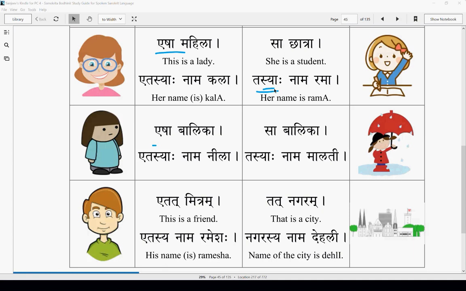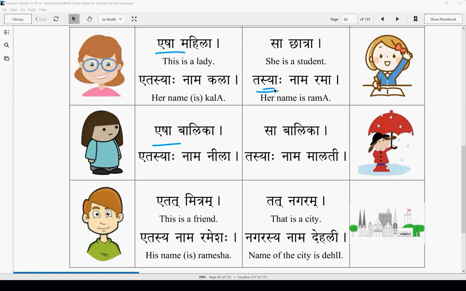Next one. Esha Balika. Etasyaha nama Neela. Sa Balika.